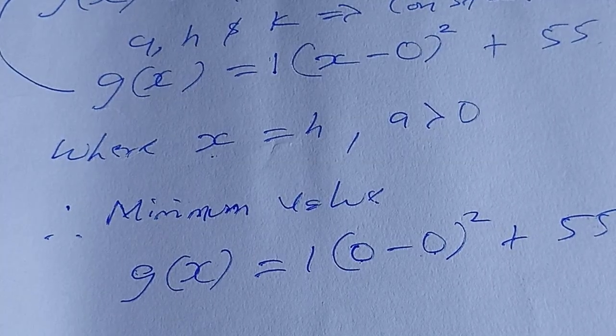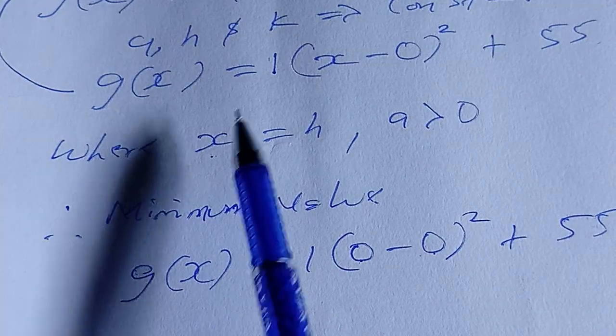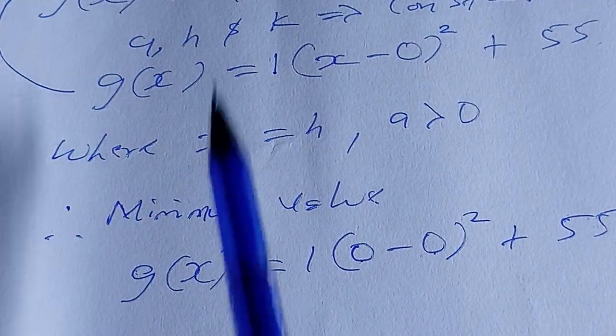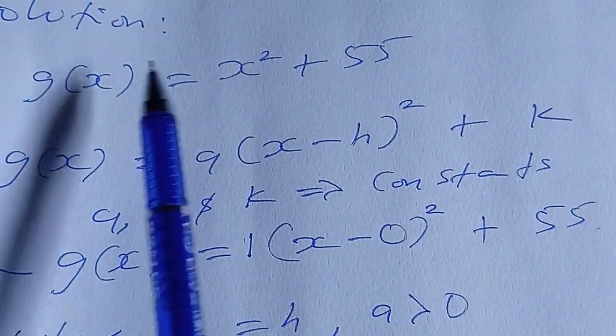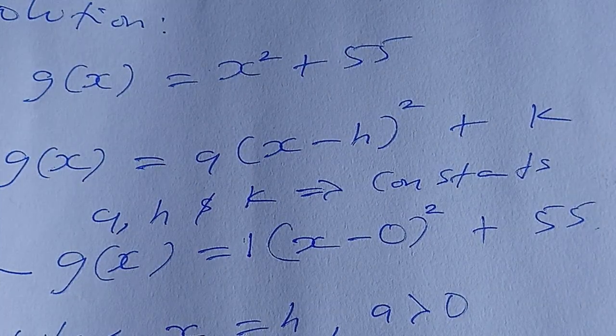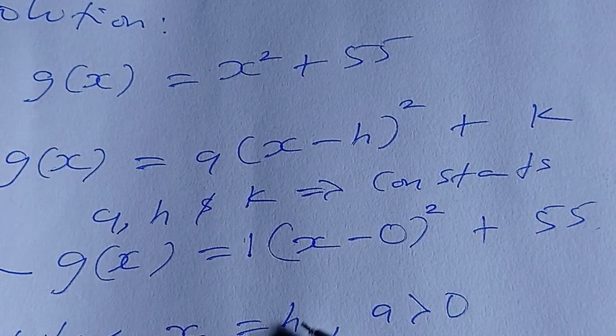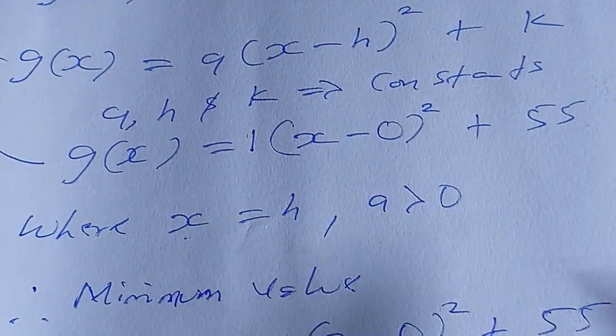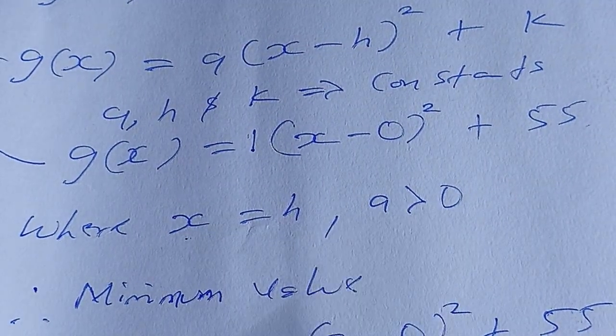So just a recap of that again. Like we said, the minimum value of this function we're given will be where x equals h, and a is greater than 0.